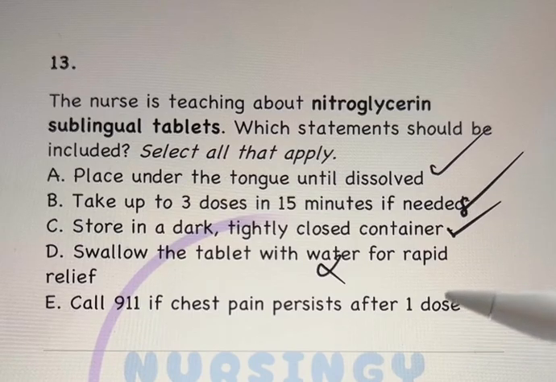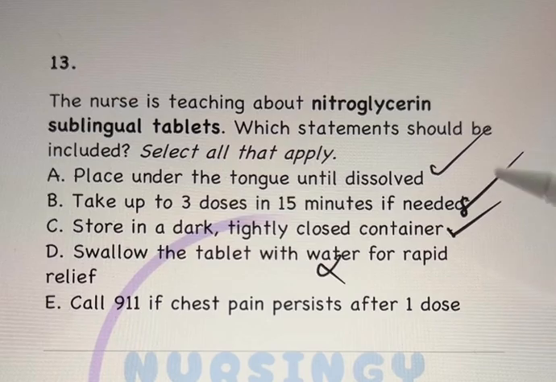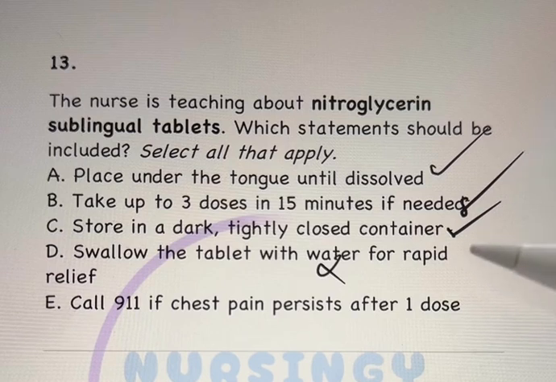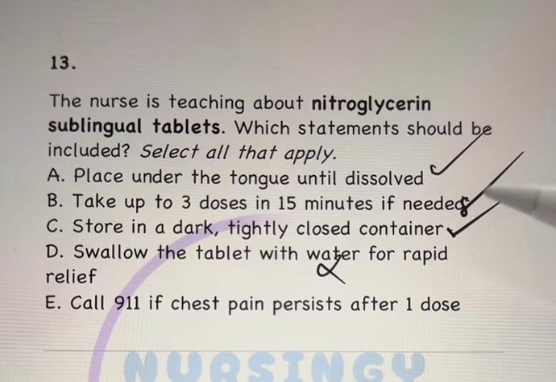Once you have given one dose, and the patient is still having the pain, for patient safety first you need to call 911 or 111. Whether they send help or not depends upon them, but at least they will give you an indication of what to do, and you just follow the protocol.